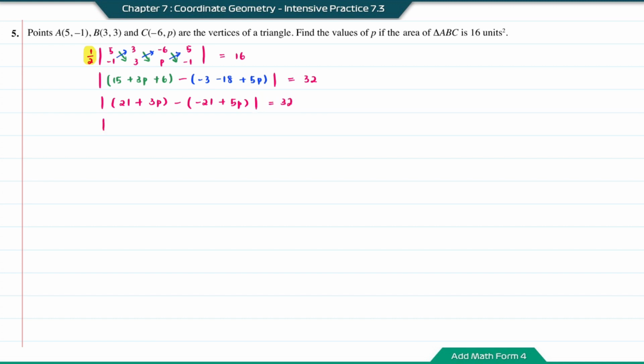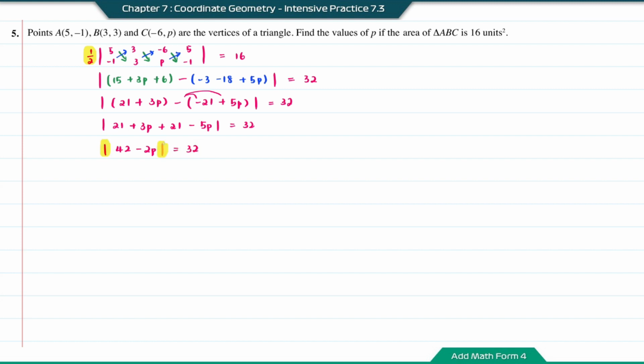So next, I'm going to get everything out of the bracket. So 21 plus 3P, here will be positive 21, and this will be minus 5P. So this is equal to 32. So here 21 plus 21 will get 42, and positive 3P minus 5P is negative 2P.